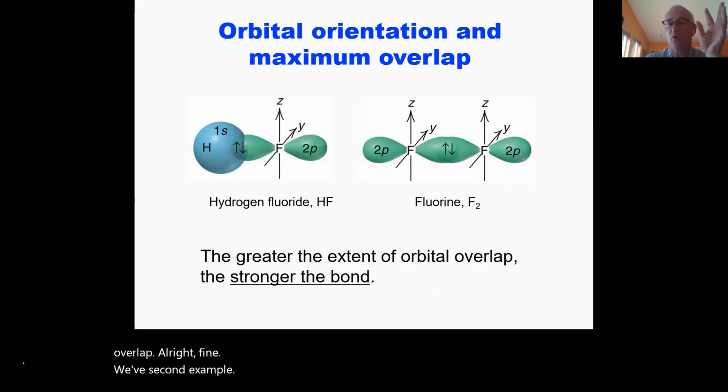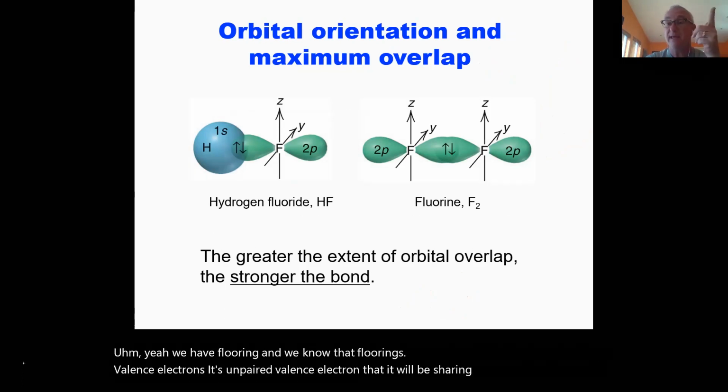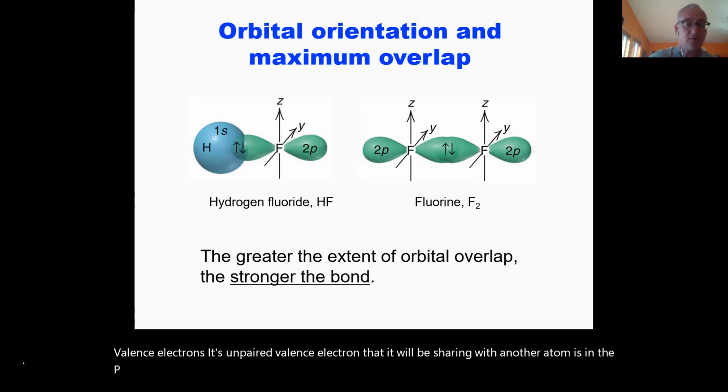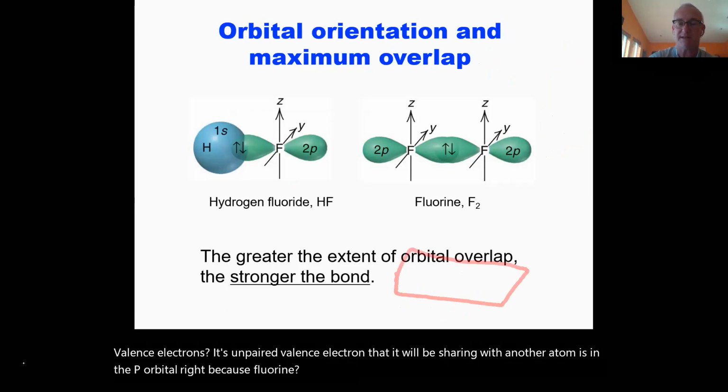Now we have fluorine, and we know that fluorine's unpaired valence electron that it will be sharing with another atom is in the p orbital, right? Because fluorine has one space left.